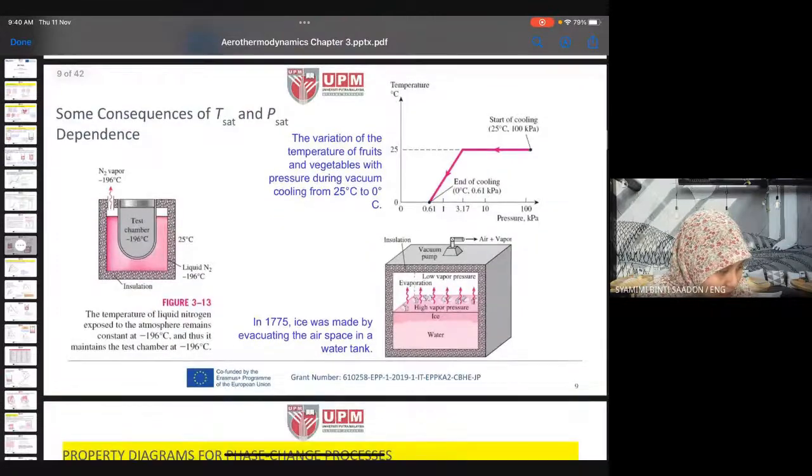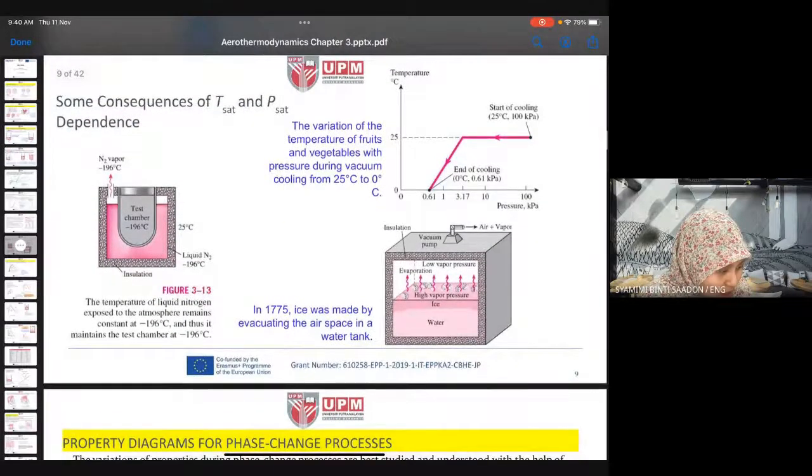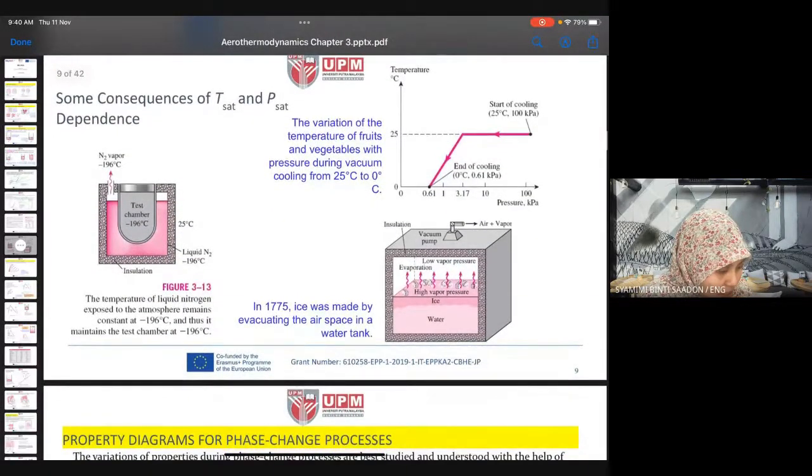So some consequences of saturation temperature and saturation pressure. From here, for example, water or nitrogen. Once we know the saturation pressure, vapor pressure and temperature, we know at what point the substance, nitrogen or water, will start to cool or to vaporize.